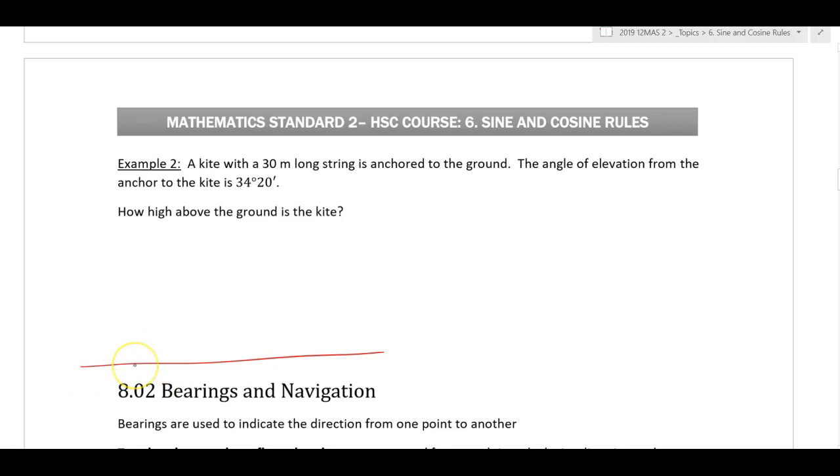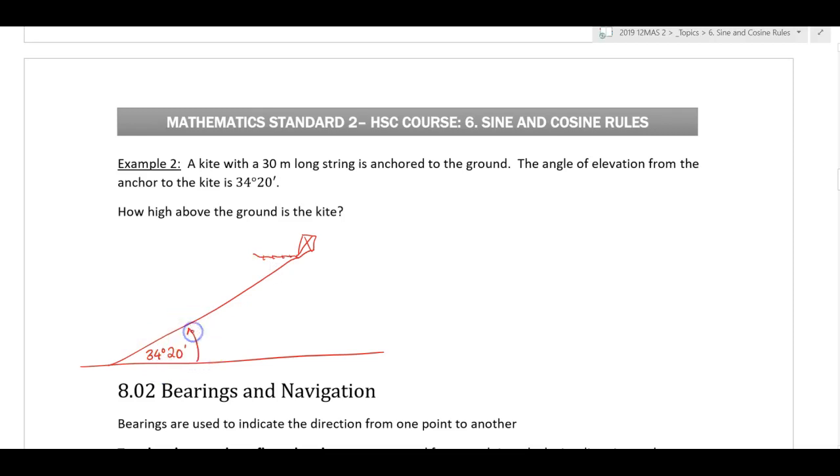Now, to draw it vaguely to scale helps with our common sense at the end. So I know that I need an angle something like this. I'm going to put my little kite on the end here just because that'll be nice. There's my kite. This is my 34.20 in there.